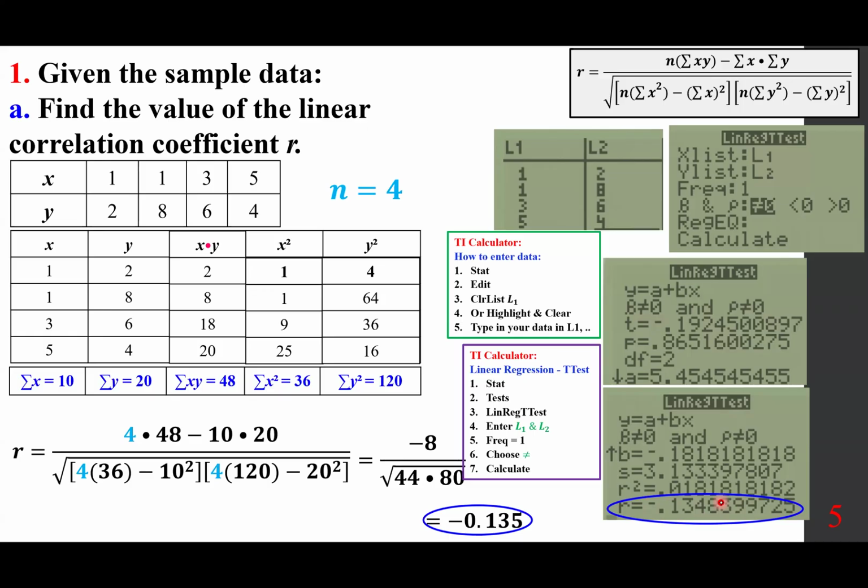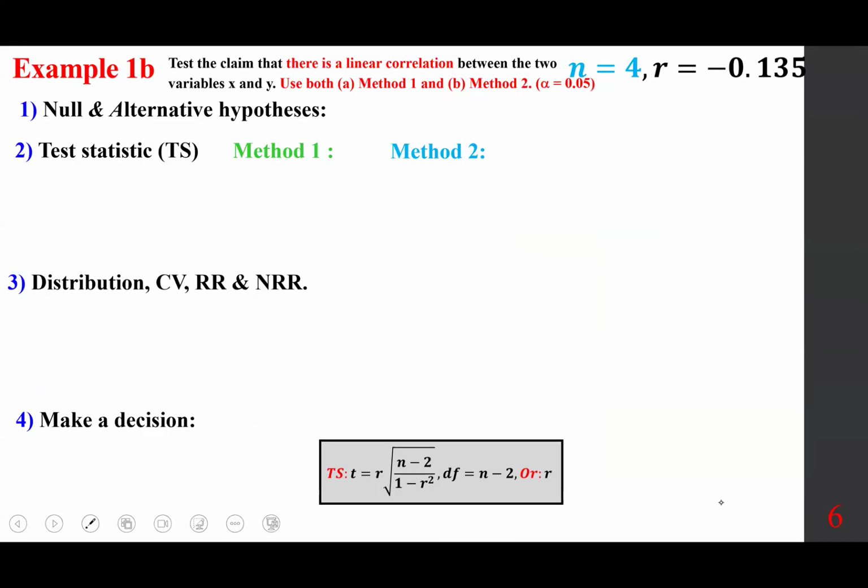So having said that, let's do test of hypothesis. Test the claim that there is a linear correlation between the two variables, and use both methods. We're going to discuss the methods. Alpha is 0.05. From the previous page, remember, n is 4, and we found R to be negative 0.135. So we're going to write it here.